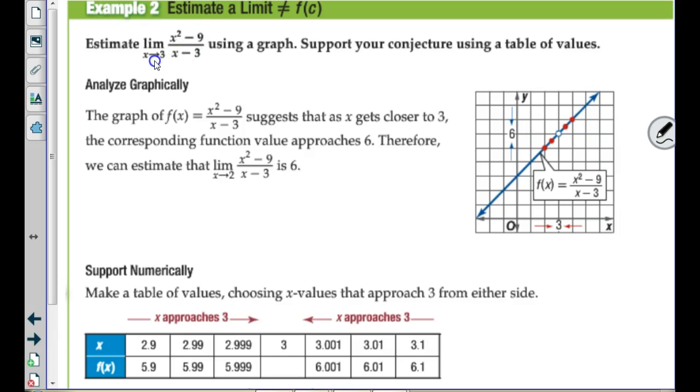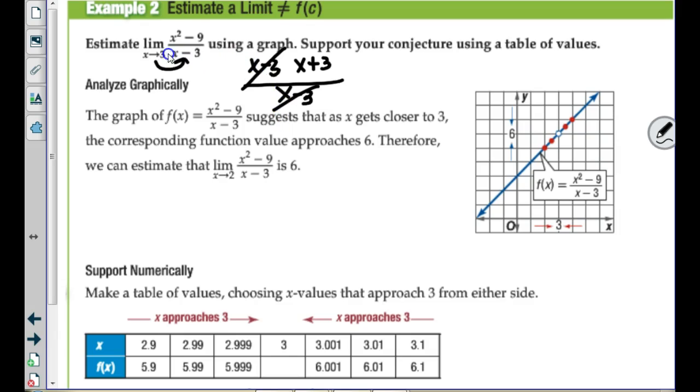There are going to be some times when you can't do that. For example, this, if I put a 3 in here, I'll get something over 0, right? And that means it's undefined. So we have to figure out what this is approaching at that point, even though it's undefined there. Actually, if we factor the top, does anybody remember what happened when we had a common factor top and bottom? What does it mean about the graph? There's a hole, right? And how did we find out where that hole was?